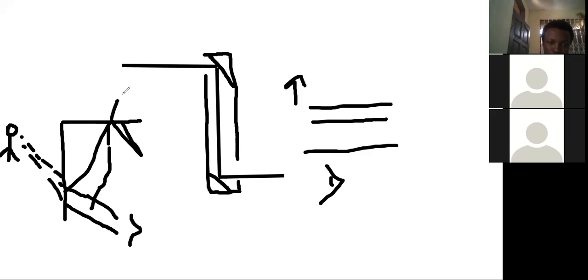I'm supposed to draw it too. Definitely we believe that an image can also be formed here. So you can also have an image from here.